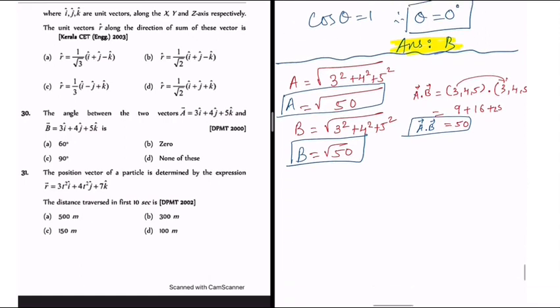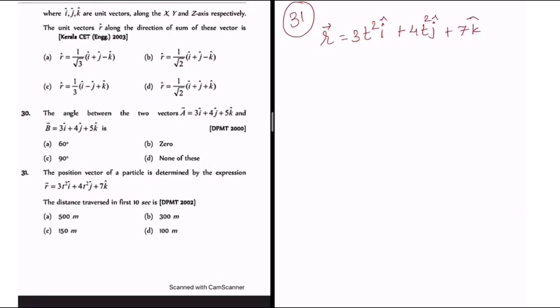Then next question 31. Question number 31. The position vector of a particle is determined by the expression R equals 3t square i cap, 4t square j cap plus 7k cap.